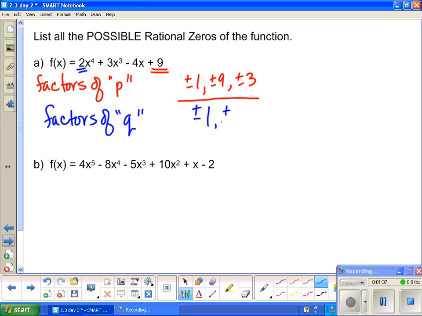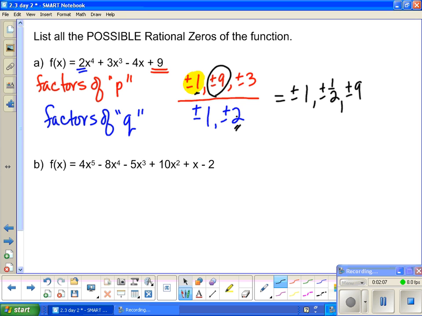1 times 2. So my list of possible factors: I take my first number here and write it as a fraction over my denominators. So it would be 1 over 1, so plus or minus 1. 1 over 2 would be plus or minus 1 half. Then I move on to the next number, 9 now.